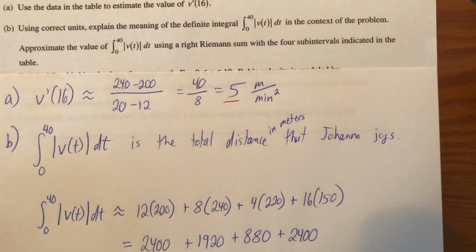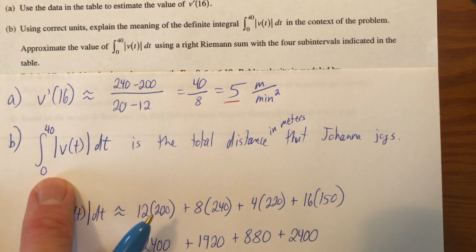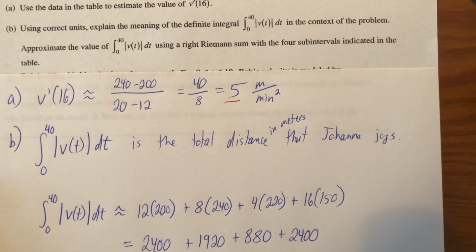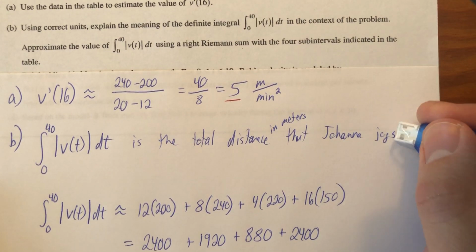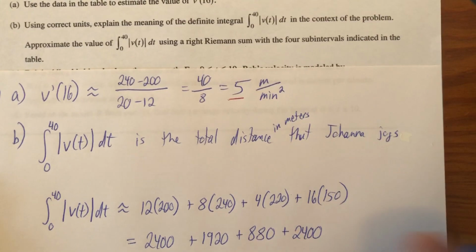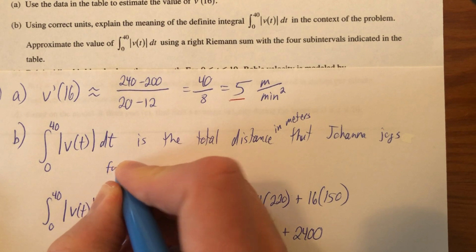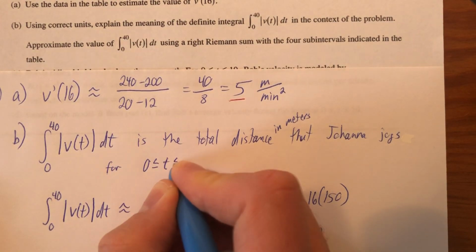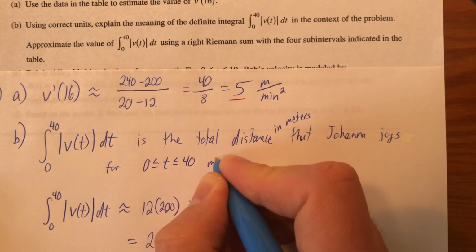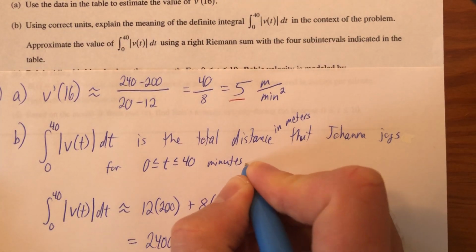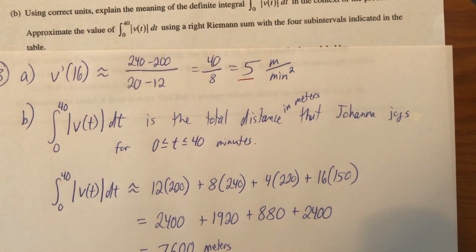Total. This is only the distance that she traveled from 0 to 40 in the first 40 minutes. Jogs, let's take that period out. Boom, gone. For 0 to 40 minutes. Okay? There we go. Put it in the context of a problem. I apologize that I did not do that.